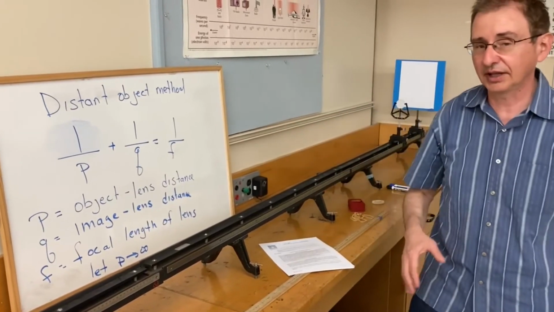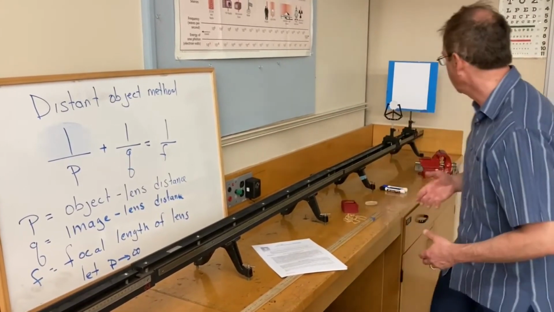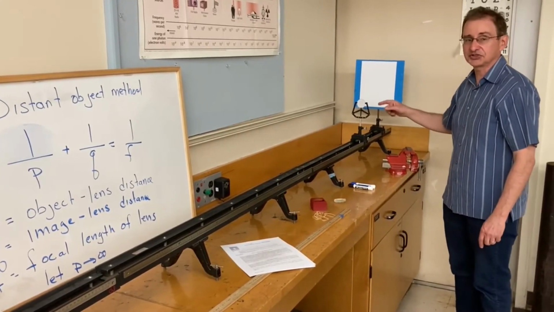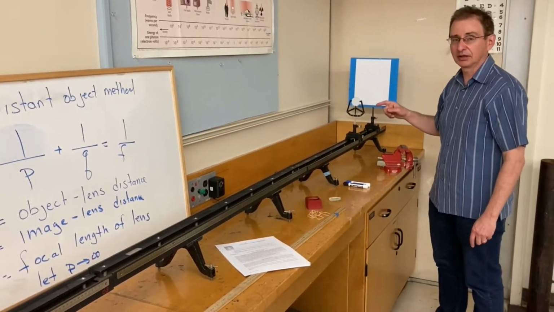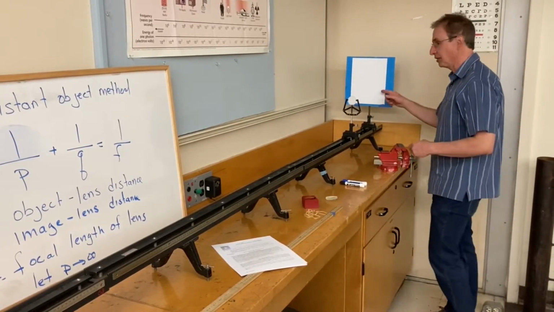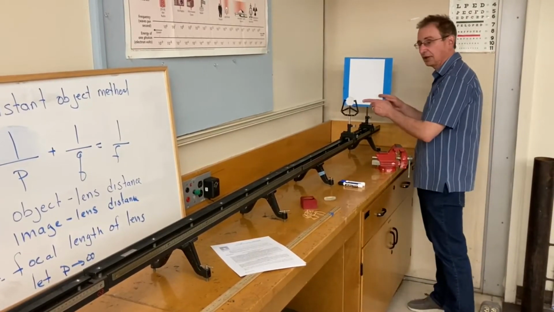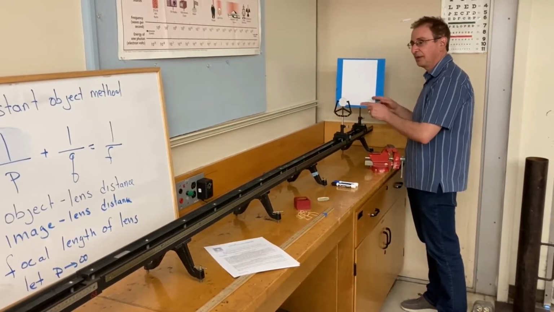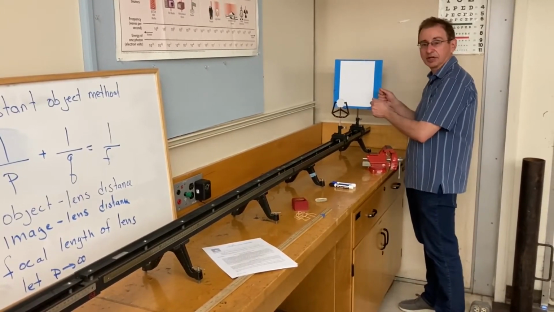If you want to get more accurate results, you can take this lens outside, use the sun as the object, and find the image. Measure the lens-to-image distance on a sheet of paper.